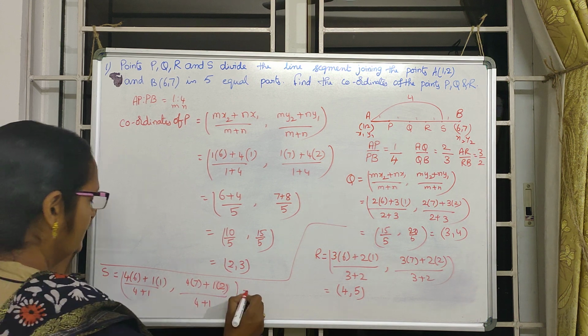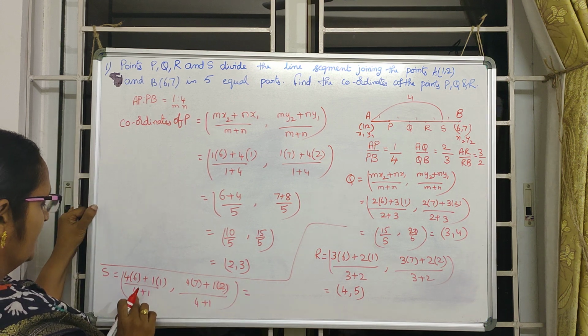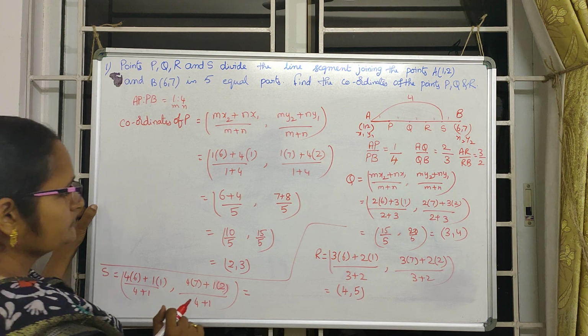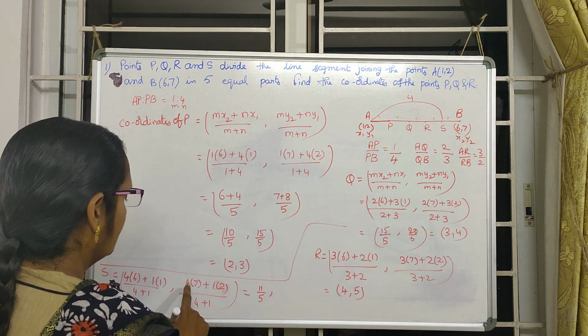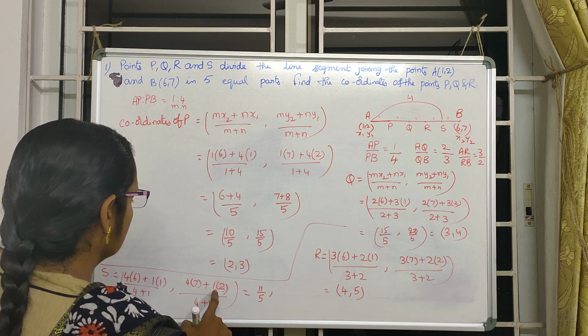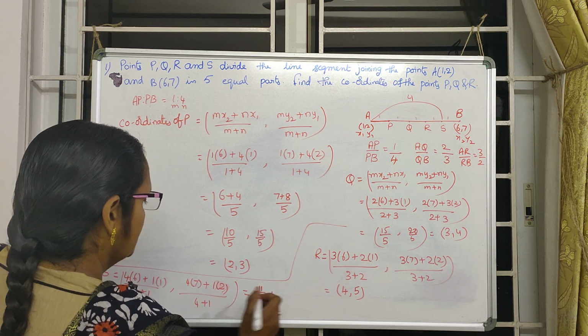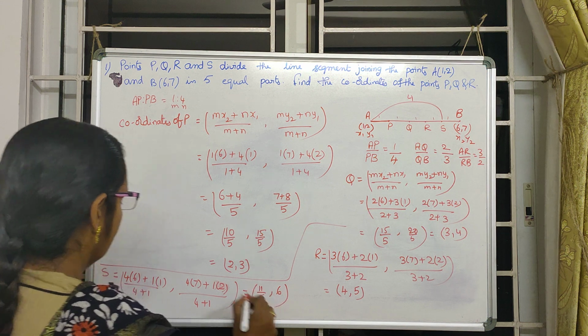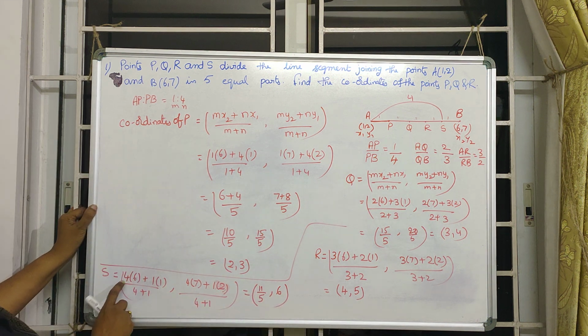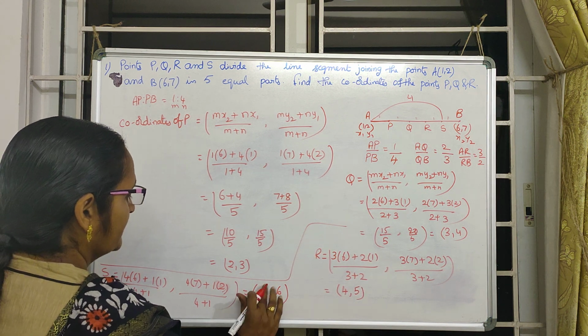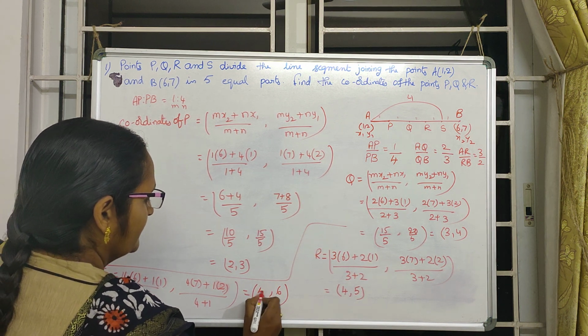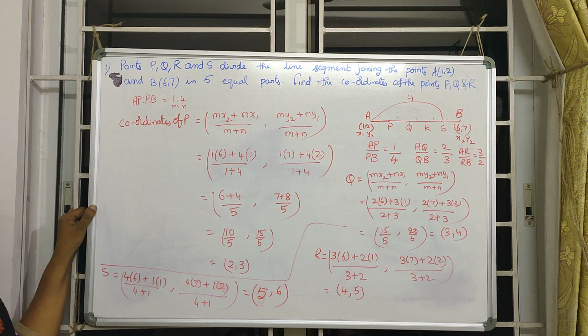So 24 plus 1 is 25 by 5, which is 5, comma 4 sevens are 28 plus 2, 30. 30 by 5 is 6.